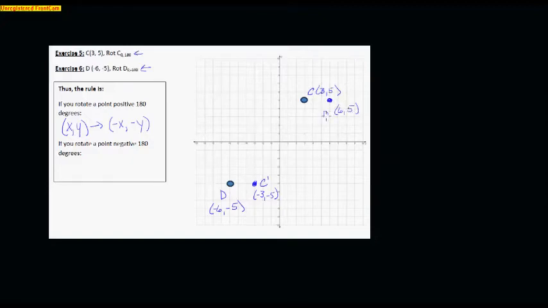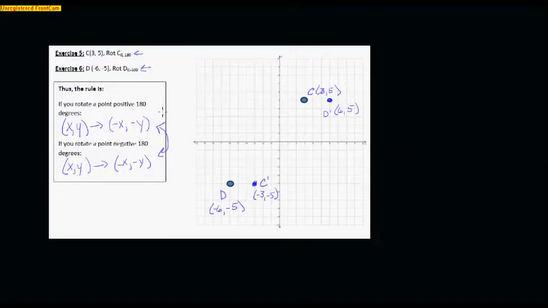That is D prime. Well, what happened? I started out with some x and some y, and it almost looks like the same rule, doesn't it? This changed opposite, this changed opposite, and they didn't change places. So look at that. The rule for a negative 180 degrees and a positive 180 degrees is the same rule.